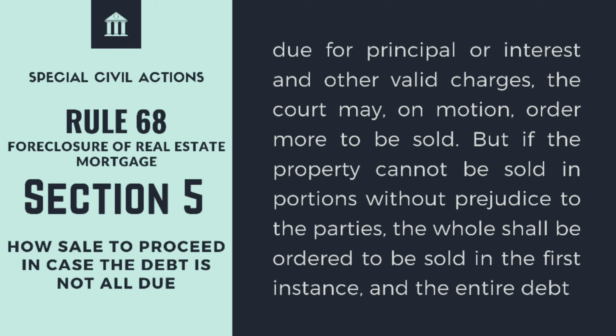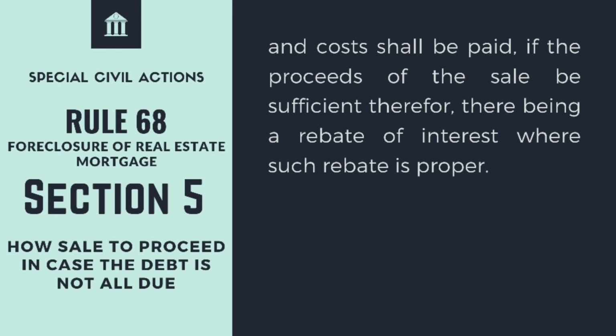But if the property cannot be sold in portions without prejudice to the parties, the whole shall be ordered to be sold in the first instance, and the entire debt and cost shall be paid, if the proceeds of the sale be sufficient therefor, there being a rebate of interest where such rebate is proper.